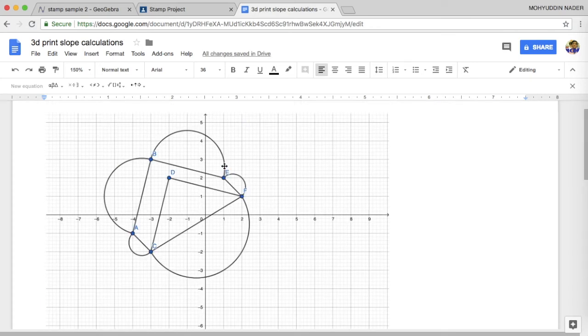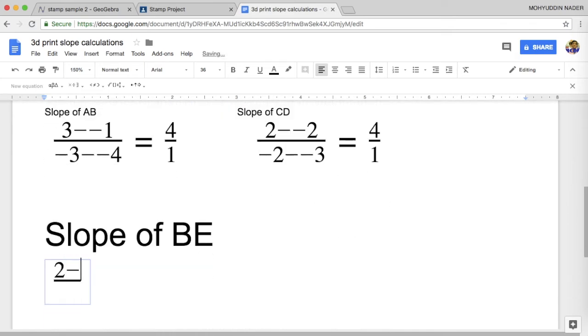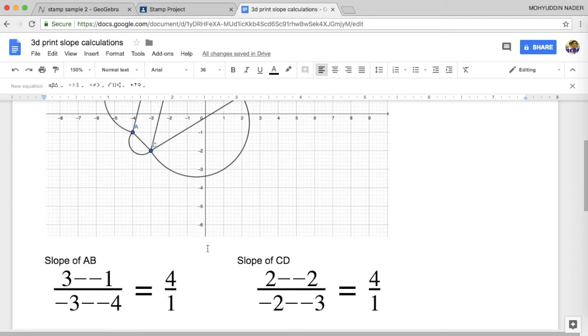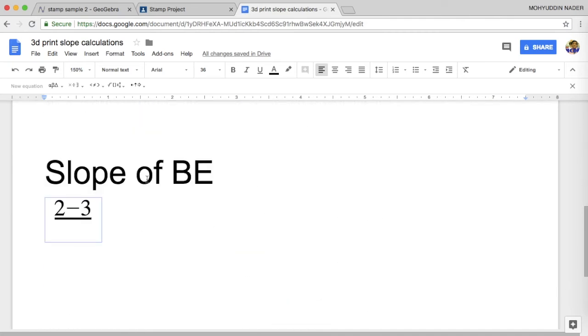BE's coordinates, let's see, E has a y value of 2, and B has a y value of 3. So if I subtract those, I have 2 minus 3. And for the x coordinates, for E I have 1, and for B I have negative 3. So that'd be 1 take away negative 3.